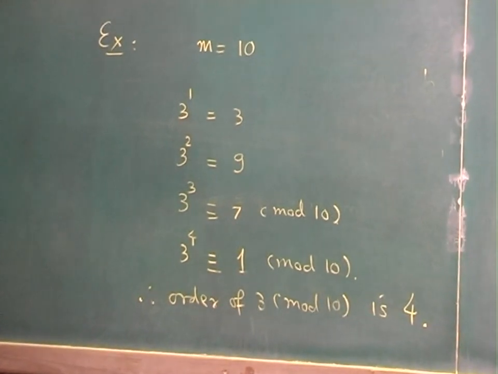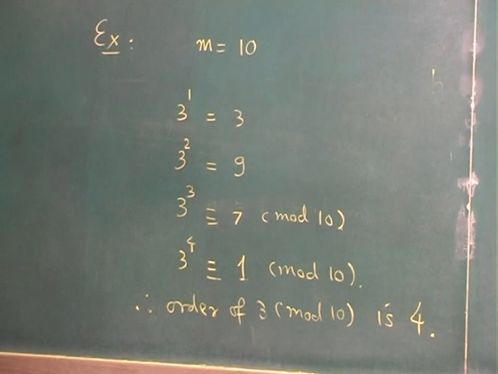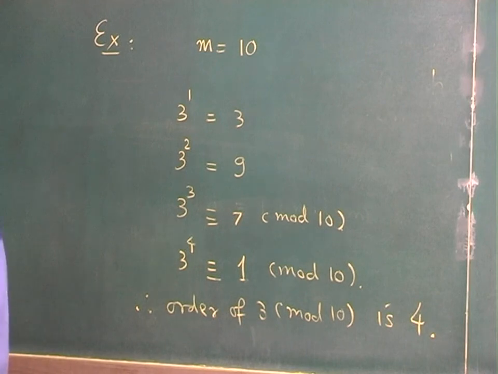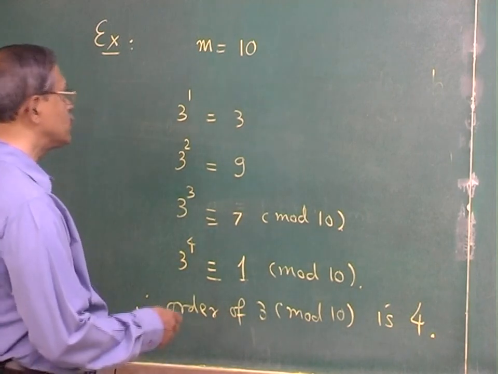Essentially we are considering the group of integers, we can say less than or equal to m and relatively prime to m. This group is with respect to multiplication mod m. So the reduced residue system mod m actually forms a group, and in that group we consider the order of an element. So in this case, what is phi of 10?